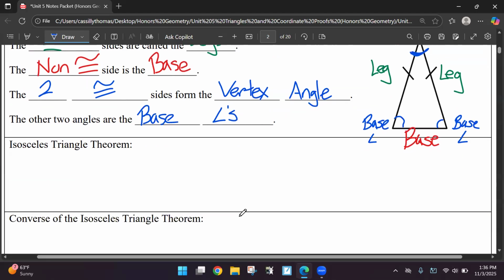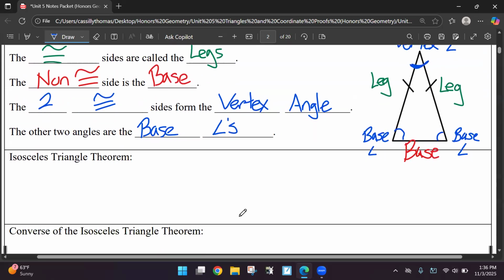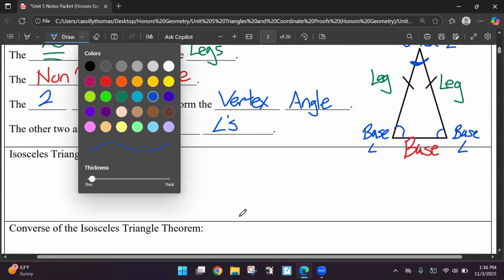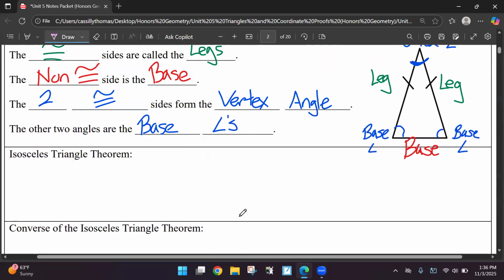And then we already did this. The isosceles triangle theorem. I'm not going to prove this one, we already proved this. It's always got to be an if-then statement.